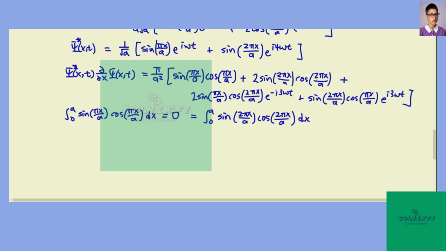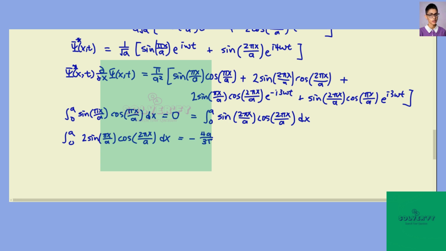And then using Wolfram again, for the other two terms: the integral from 0 to a of sine pi x over a cosine 2 pi x over a dx gives you minus 4a over 3 pi.